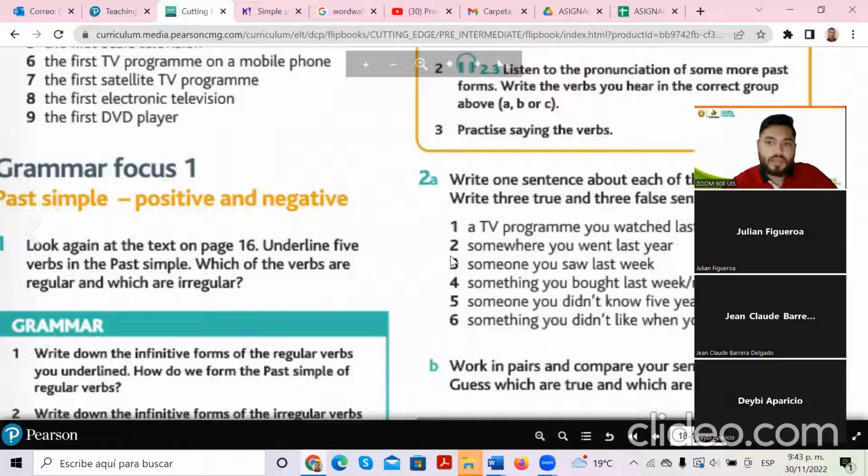The 30th of August, or August the 30th. 20th. 20th would be el 20 de agosto, but we don't use ordinal numbers in Spanish to tell dates. 21 would be 21st. Okay.